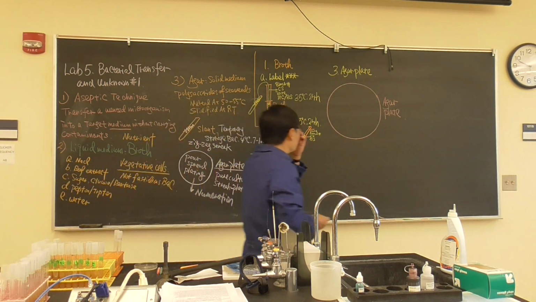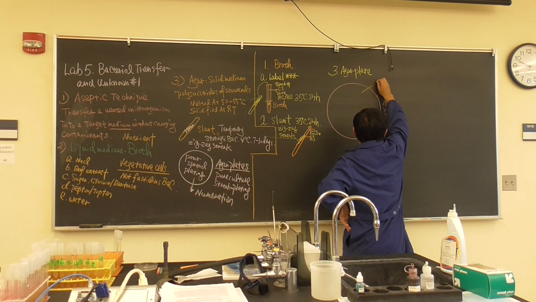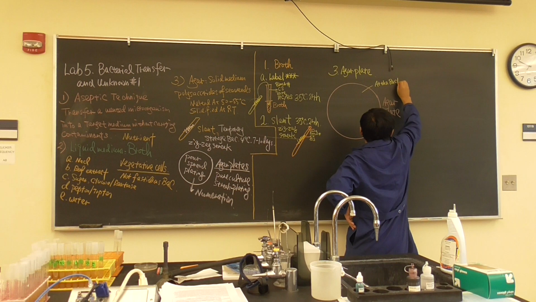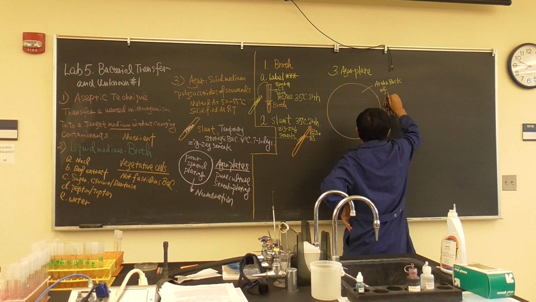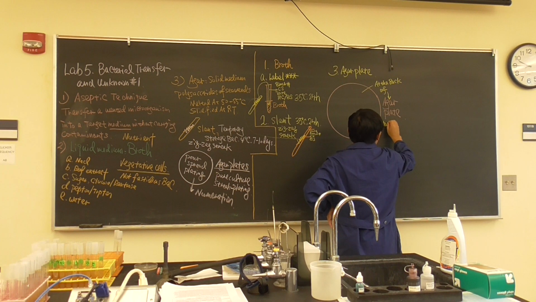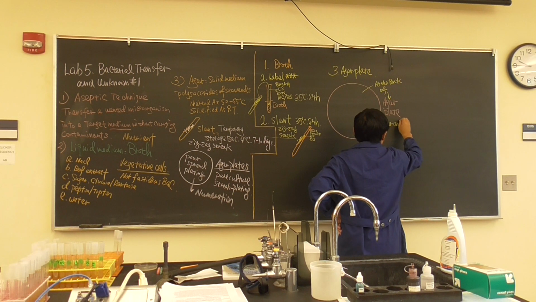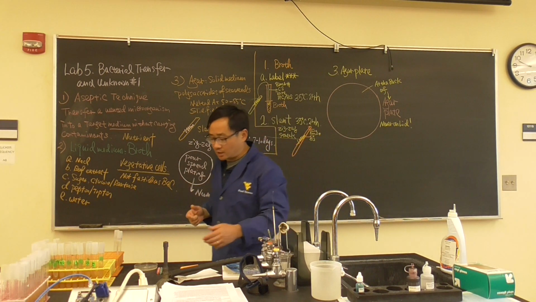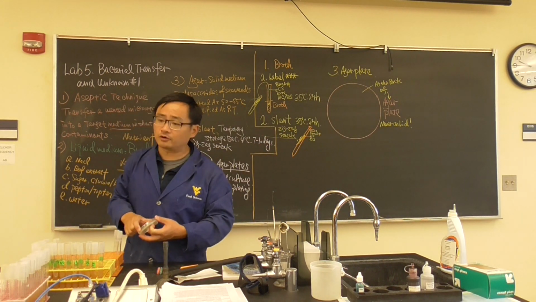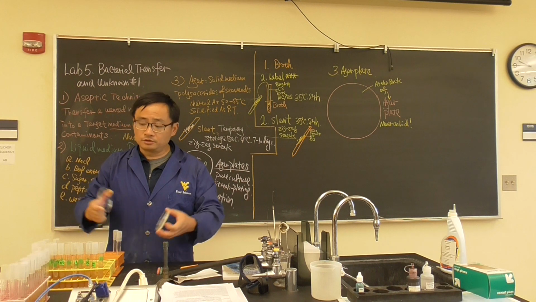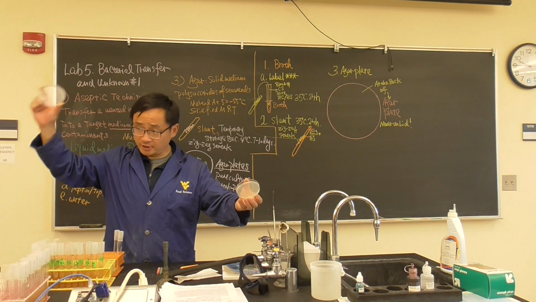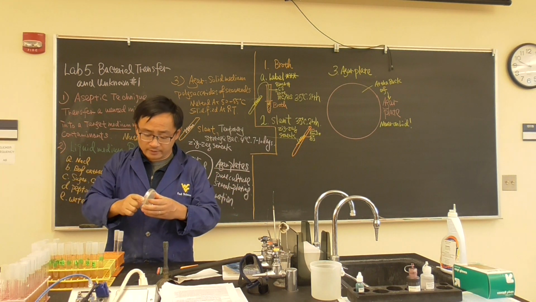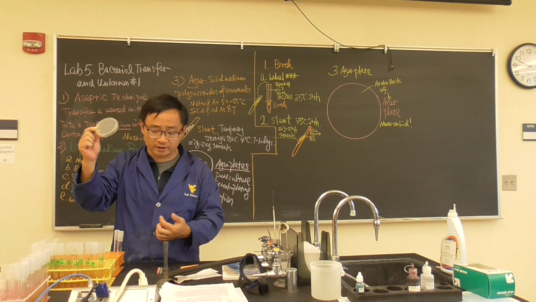Okay, so the label is at the back of agar plates. Never on the lid. Why? Because somehow the agar may be on the floor. You're going to have them separated. If you label on the lid, you never know which one is this. So always remember, I have to label at the bottom of the agar.